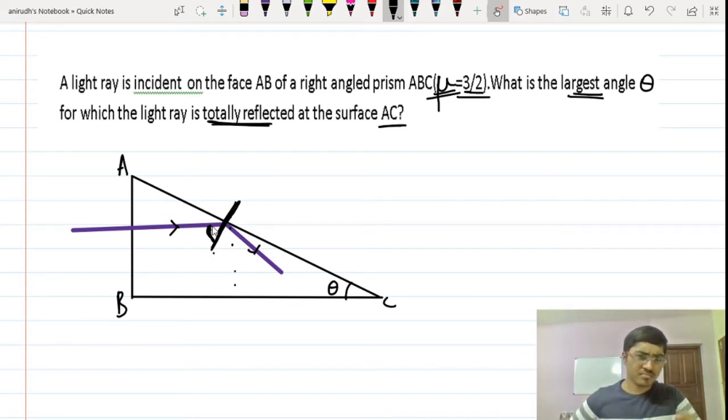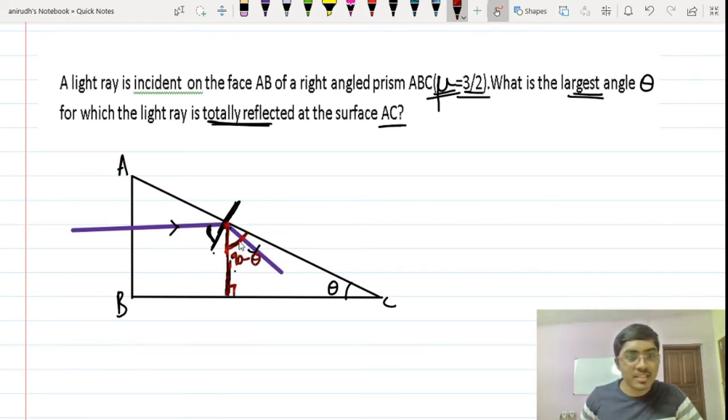Let me construct something over here. I'm drawing a perpendicular to this surface from the point of entry. This is theta, this is 90 degrees obviously, so this is obviously 90 minus theta.